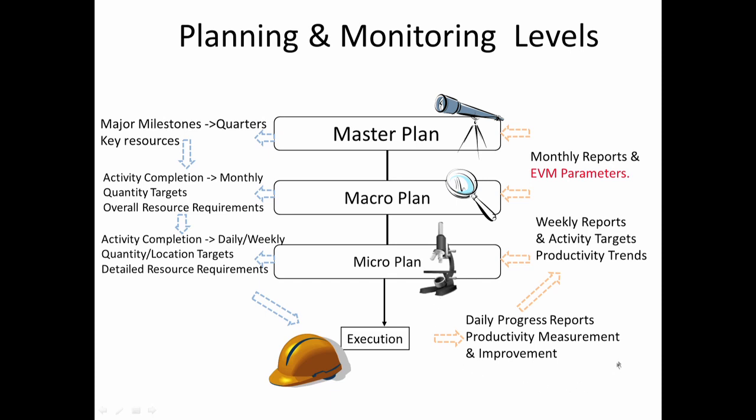I mentioned that in this class we are not looking at this level of detail, but there are other courses which cover it. Here we are mostly looking at the macro plan level. Based on the DPR we get data which gives us weekly reports, and basically the weekly monitoring of the project, which we covered to some extent in the last session.